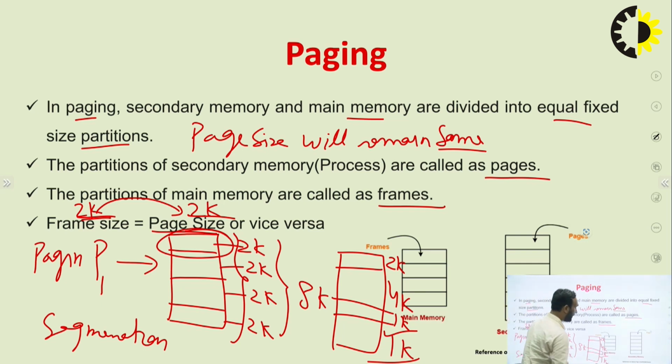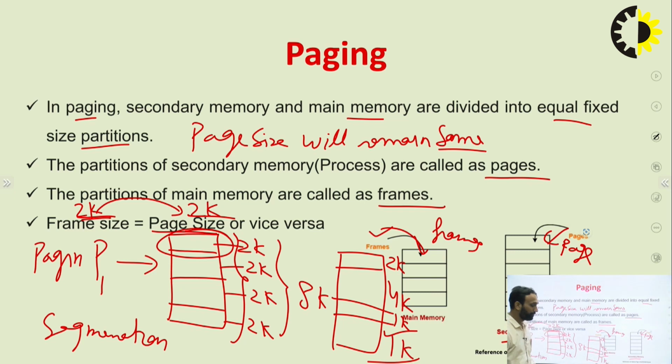So now take an example. As we see, in the secondary memory the partitions are represented by the term pages, and the main memory is represented by the name of frames, as shown in the PPT. How it will exactly work, we'll understand easily with the help of an example.